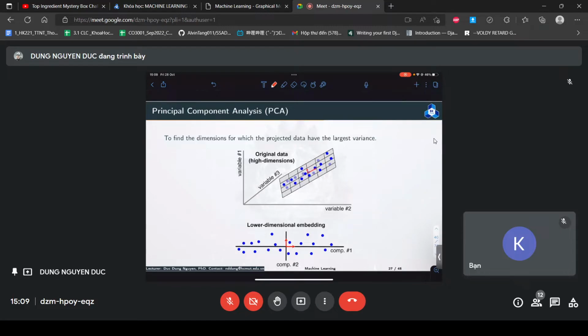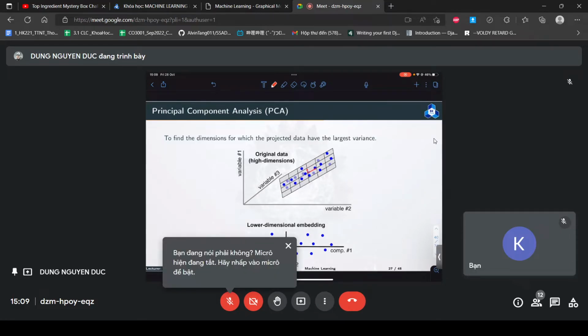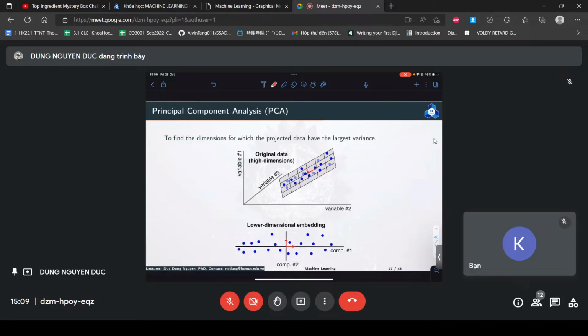I mean, we want to make your data spread out as much as possible on the new dimension rather than gather around the mean. So for LDA, you're interested in minimizing the variance, but for PCA, you are interested in maximizing the variance because as your data is spreading out around the mean, it's easier for you to preserve the information of your data. Okay, so that's the basic principle.